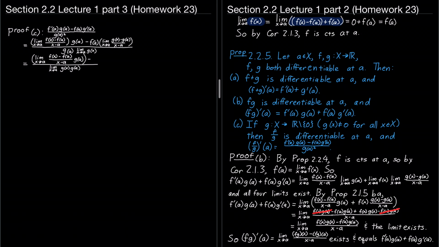Then we subtract from that the limit as x approaches a, g of x minus g of a over x minus a, and then we've got an f of a out front. And notice that all three limits exist.